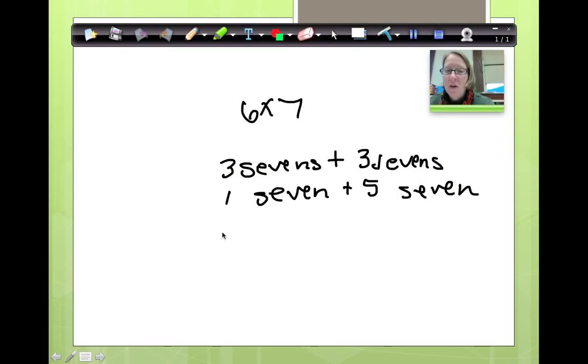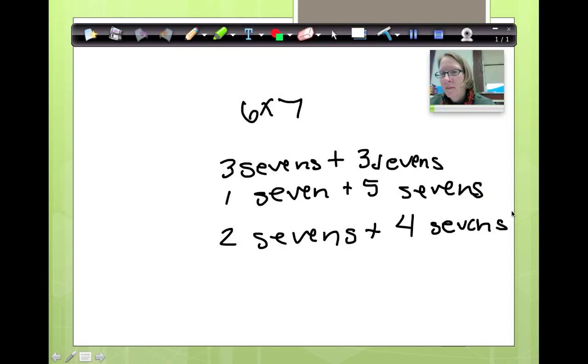It could be 2 sevens plus 4 sevens. Right? Any one of these would be considered the distributive property because I'm taking apart this group of 6, aren't I? Because 3 plus 3 is 6, 1 plus 5 is 6, 2 plus 4 is 6. Okay? I just took it all apart.